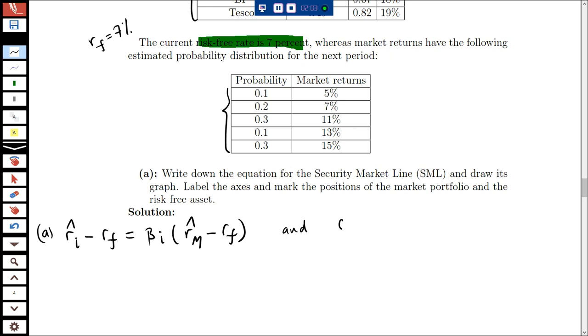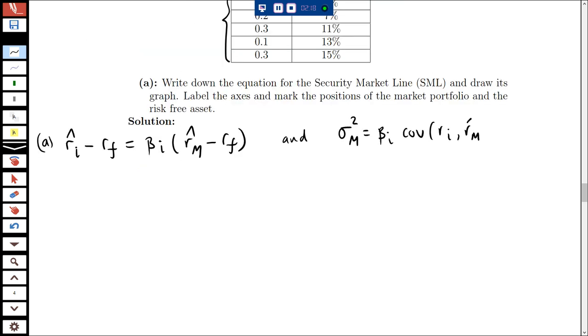Let's write it just in case. It's connected to the beta value being the constant of proportionality between the variance and the covariance. Okay, so we're going to be working with this one on the left.